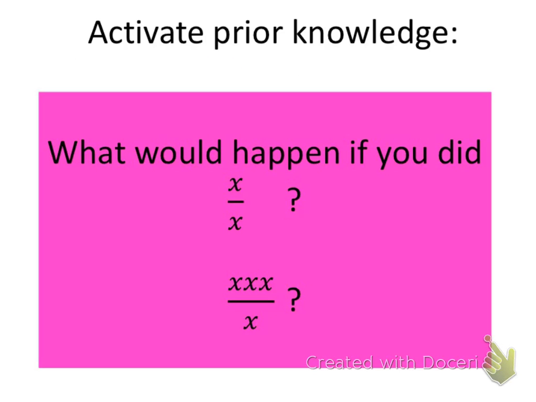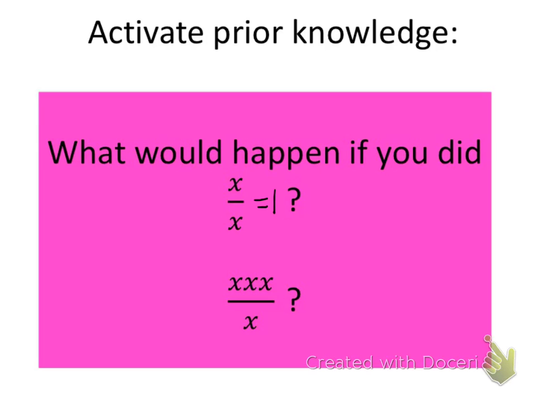Okay, so what I want you to think about is what would happen if you did x divided by x. What would we get? Well, x divided by x simply simplifies to 1.